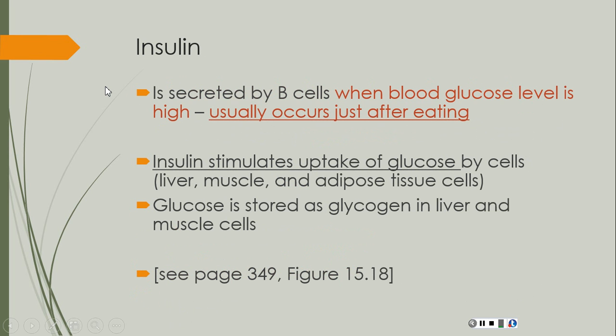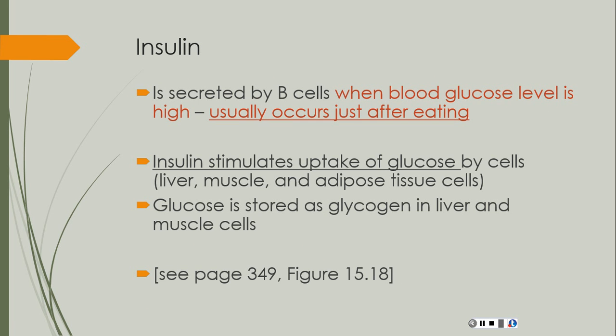So insulin is secreted by the B cells. This is a typical normal thing when the blood glucose level is high. Now, when does that happen? Well, that usually happens after eating. The blood glucose level becomes high. You've taken in some nutrients and what have you. It has changed the blood glucose level.